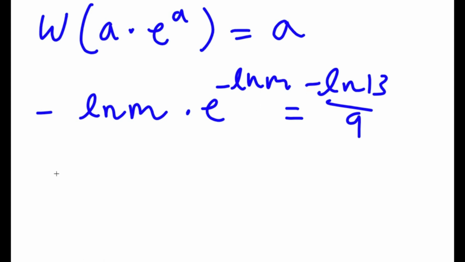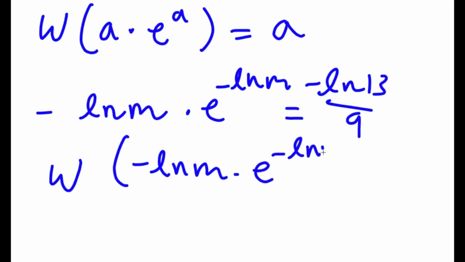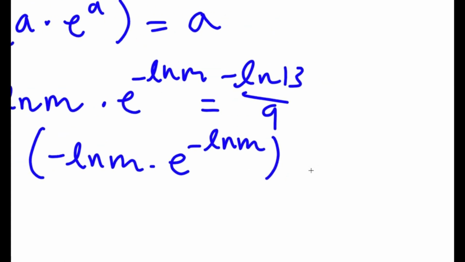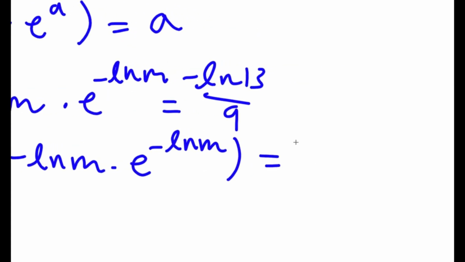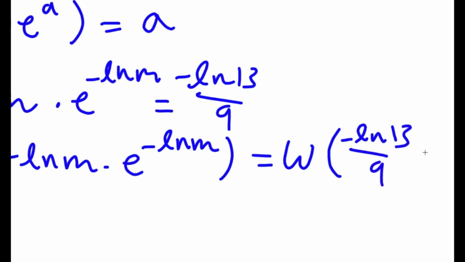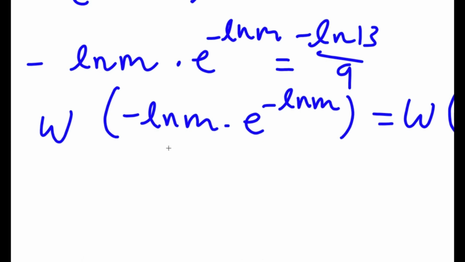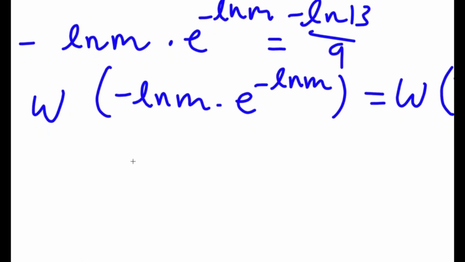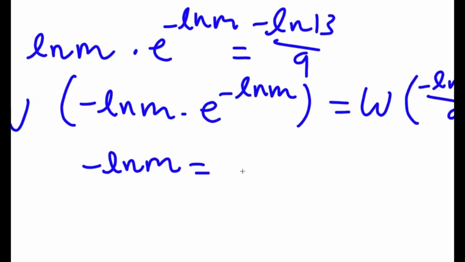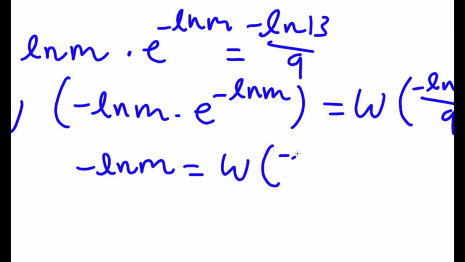So now if I take the Lambert W function, I get W of negative ln m times e to the power of negative ln m. And then what I have to do on one side, I have to do on the other. So this is equal to W of negative ln 13 over 9. Now this is equal to negative ln m, which is equal to still W of negative ln 13 over 9.